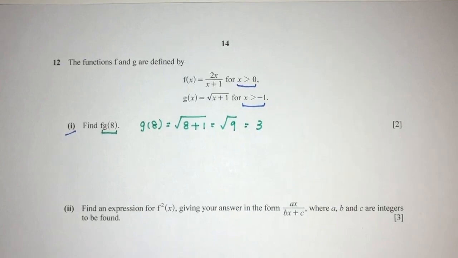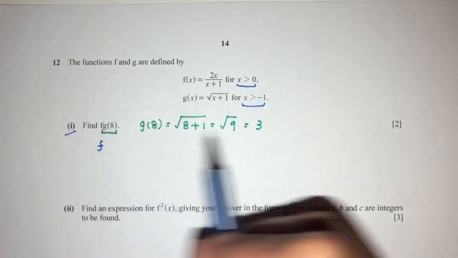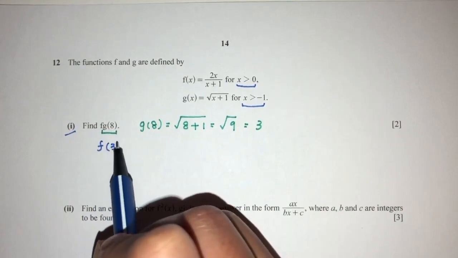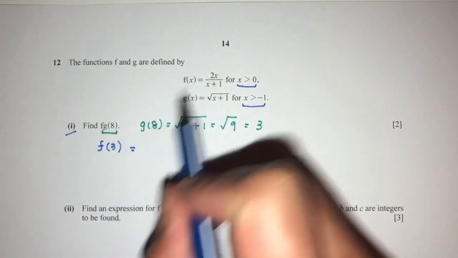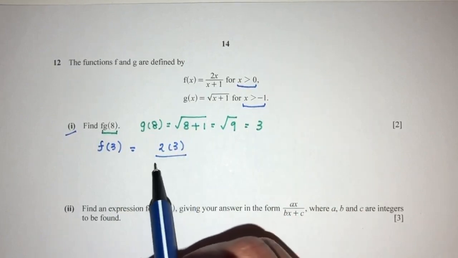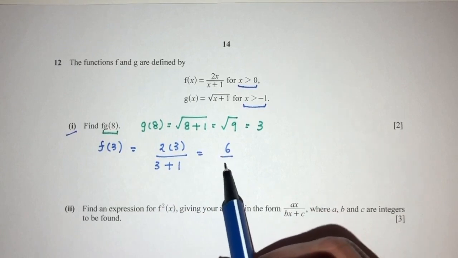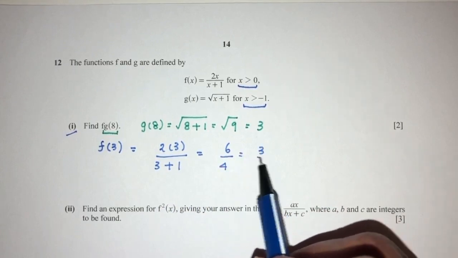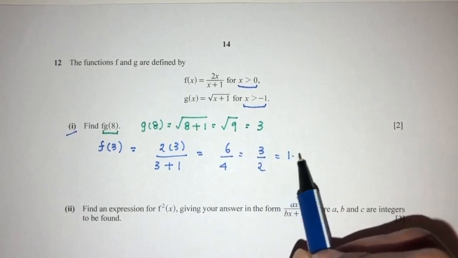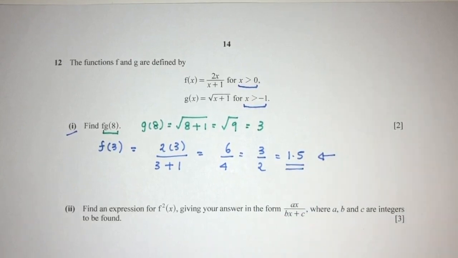Now we have to solve f, because we know g of 8 is 3, so that will be f of 3. Replace x by 3 here, you will have 2 times 3 over 3 plus 1. That will become 6 over 4, and that will be 3 over 2, which is 1.5 as your answer. That is for part 1.